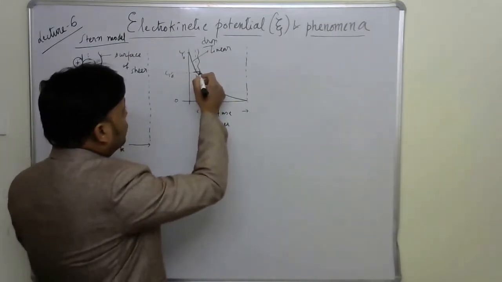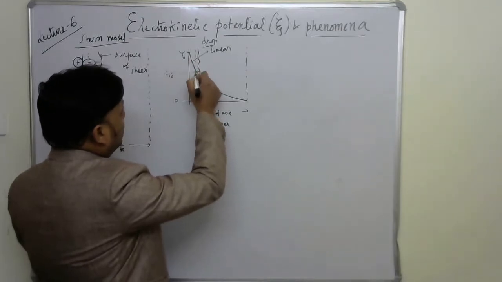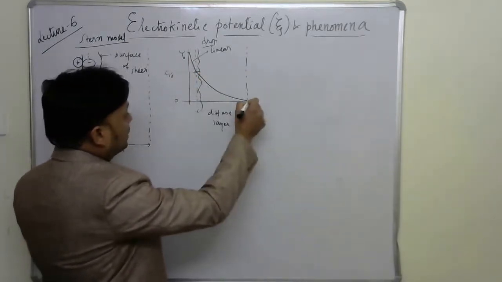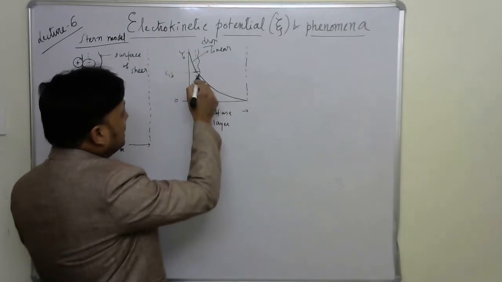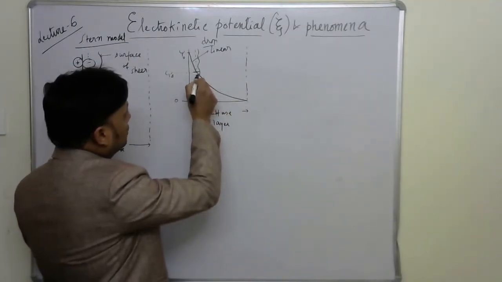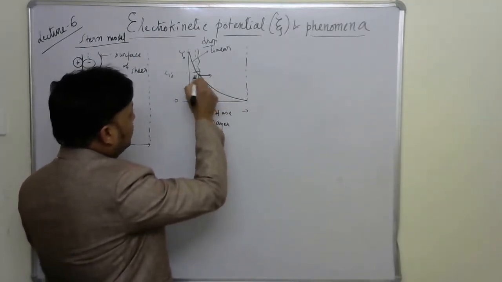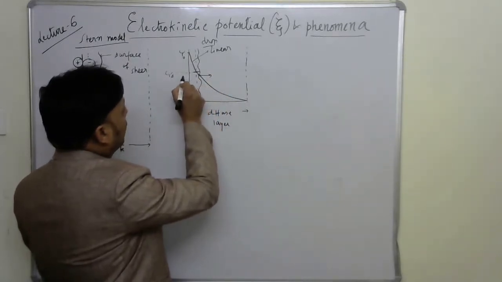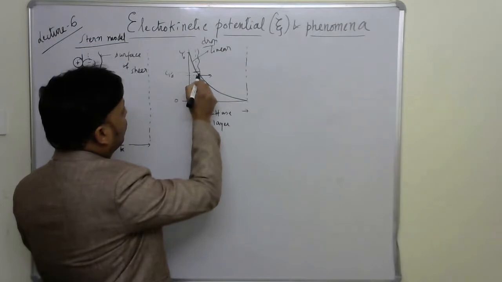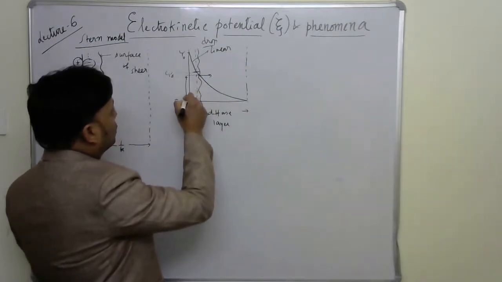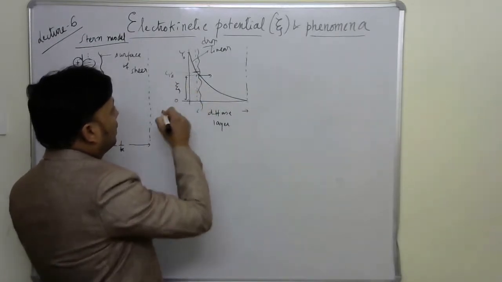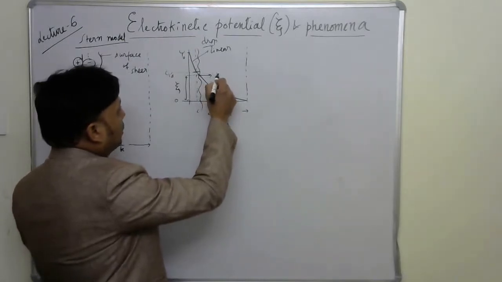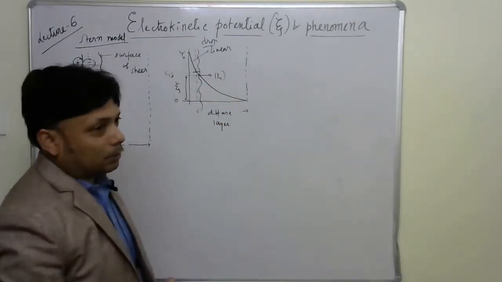So when this potential falls exponentially, wherever it intersects the plane of shear, at this point, whatever potential we get, I can draw one more line here. This potential is basically known as the zeta potential or the electrokinetic potential.